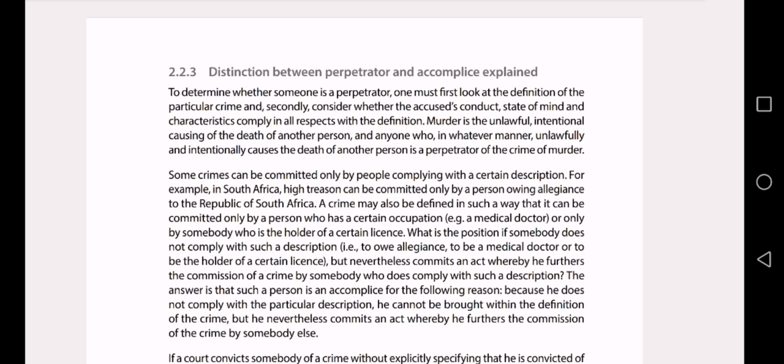The answer is that such a person is an accomplice for the following reasons: because he does not comply with the particular description, he cannot be brought within the definition of the crime, but he nevertheless commits an act whereby he furthers the commission of the crime by somebody else.